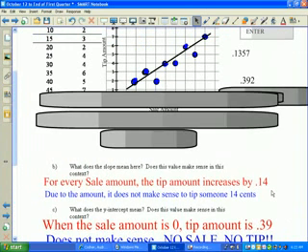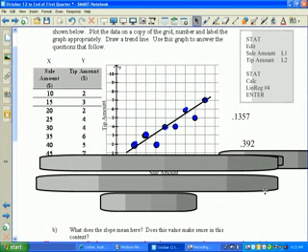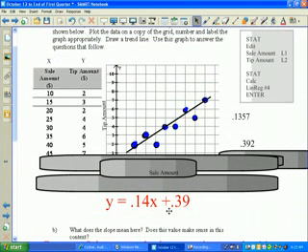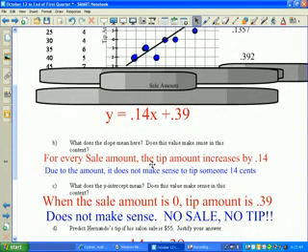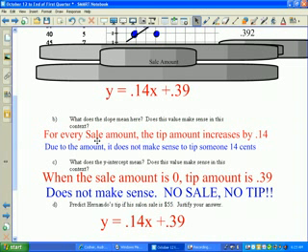So to go back, the tough part is, one, finding your equation. Once we found our equation, what does that slope mean? You can think of it this way: for every unit of your independent variable, in this case the sale amount, the dependent variable, in this case the tip amount, changes.